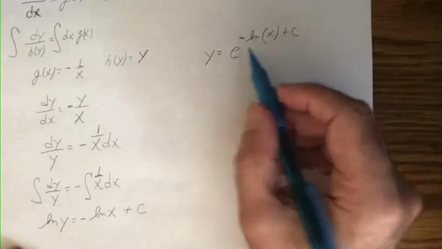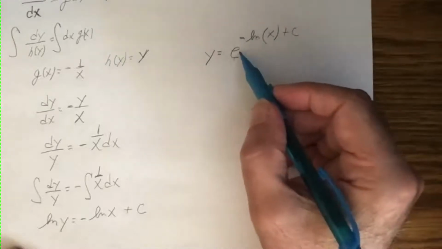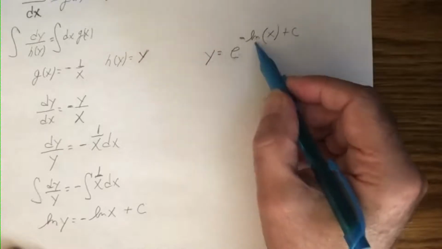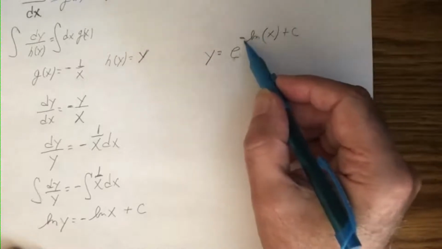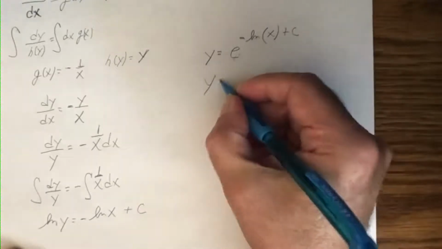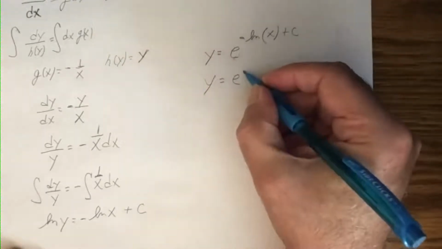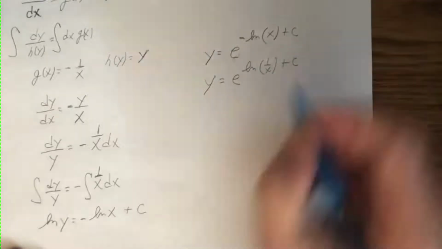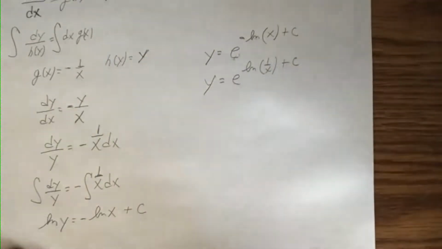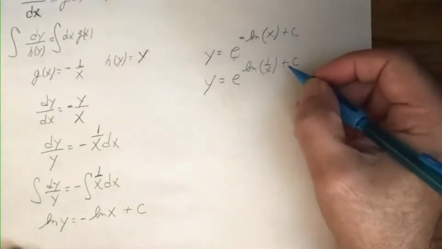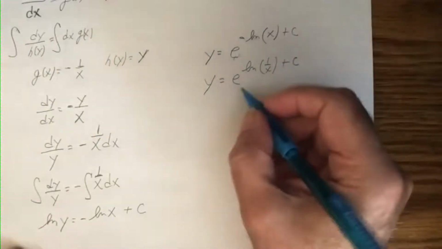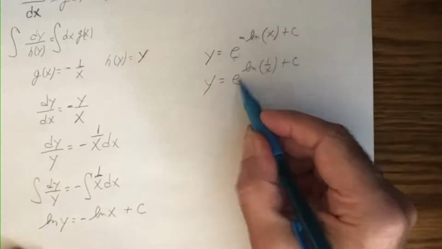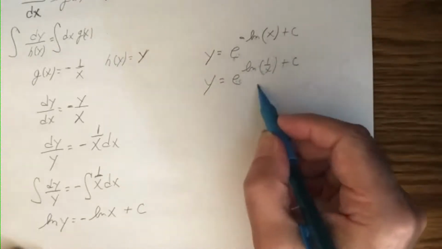I want to make this clear. If I want to take the inverse, I have to get rid of this minus sign. So in other words, y is equal to e to the natural log of 1 over x plus c. And now these are the inverse of one another: I got e, and then I got the natural log.